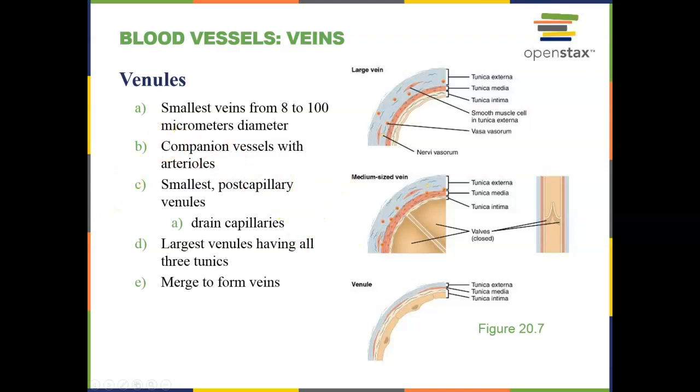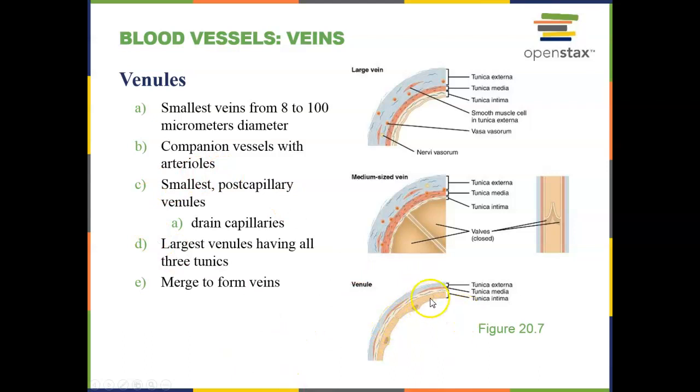So the last of our blood vessels are called the veins. The smallest of our veins are the venules. So these are these tiny little blood vessels down here. Venules have similar structures to our veins. They don't have the valves, which you see in our veins, but they have that endothelium, they have the tunica media, and the externa.